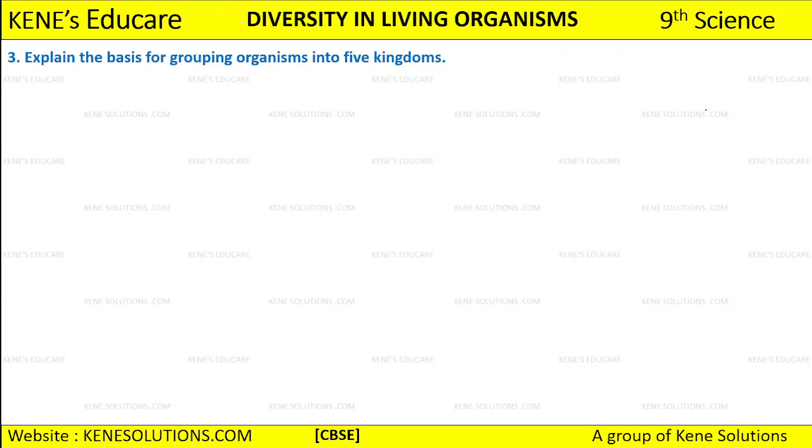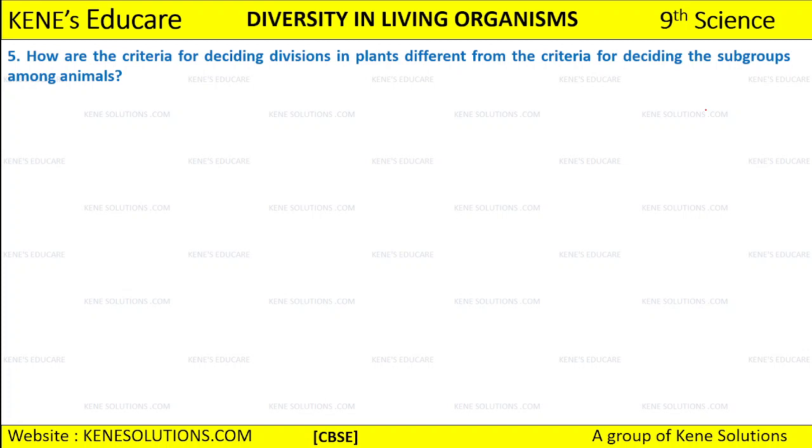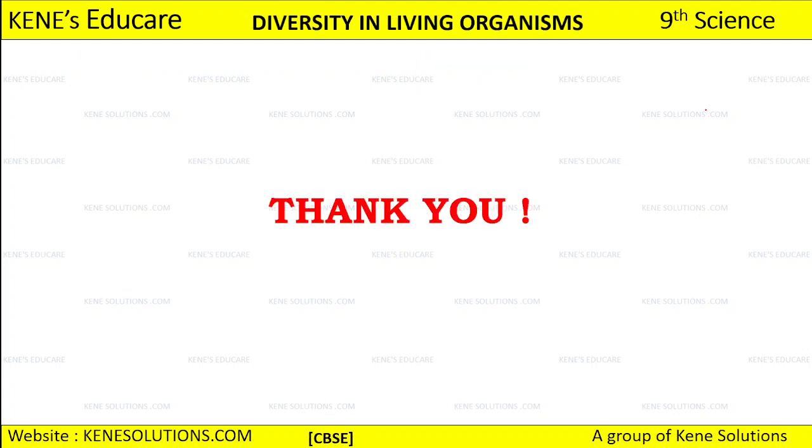Then we will discuss the basis for grouping organisms into 5 kingdoms, and what are the major divisions that come under kingdom Plantae, and what is the basis for division. Then the next question is how the criteria for deciding the divisions in plants are different from the criteria for deciding the subgroups among animals. And lastly, how the animals in Vertebrata can be further classified into subgroups.